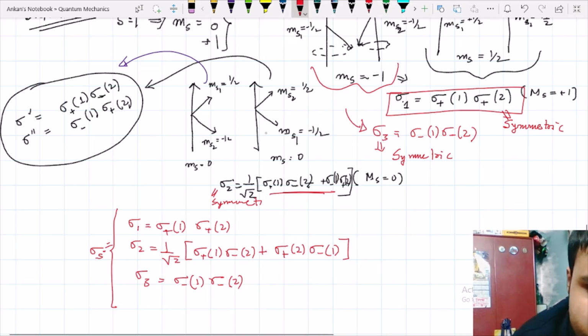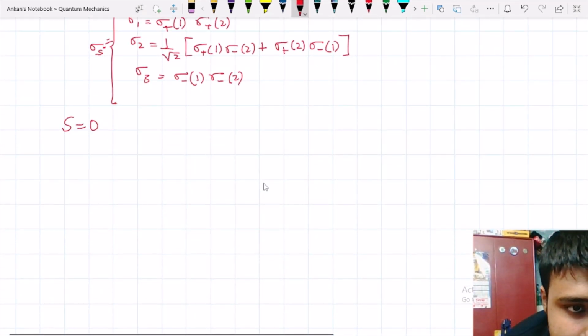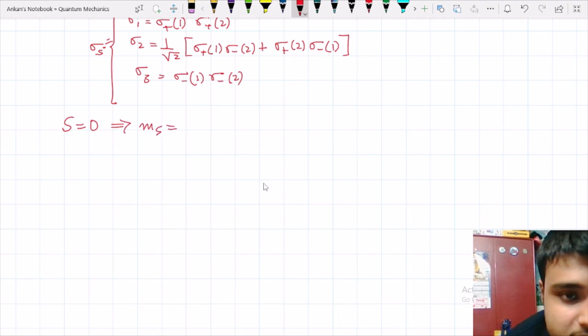Now what is the case for s equal to 0? S equal to 0 means ms is also 0, that is there is no projection of spin angular momentum along the z axis. So in that case the two spins will be antiparallel to each other.